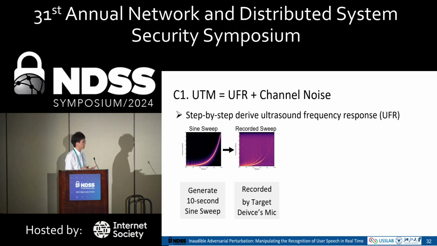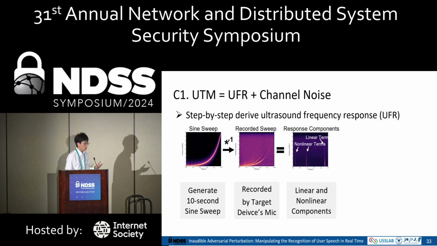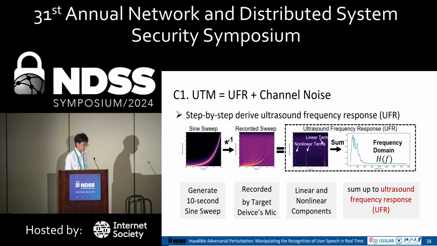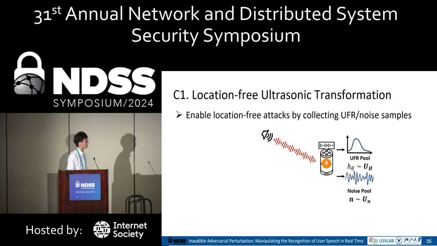We first generate a 10-second sine sweep and use the target device's microphone to record such sine sweep signal. And then we can derive linear and nonlinear components related to the baseband transformation by deconvolution operations. Finally, the ultrasound frequency response can be obtained by summing up all of these separate components.